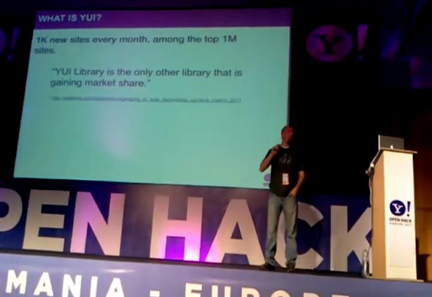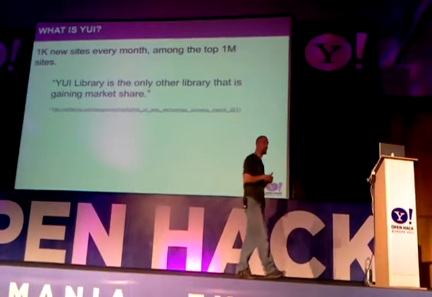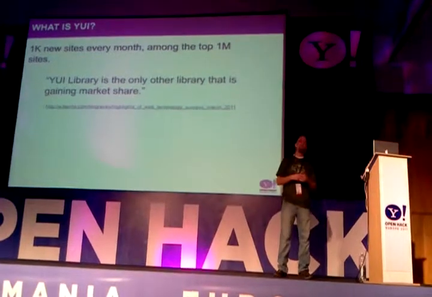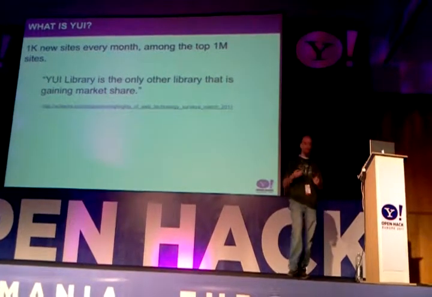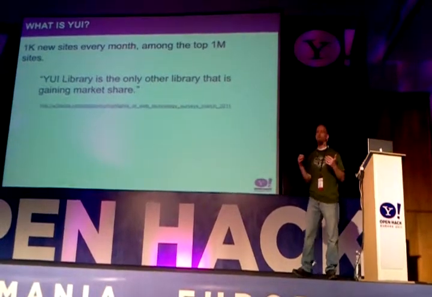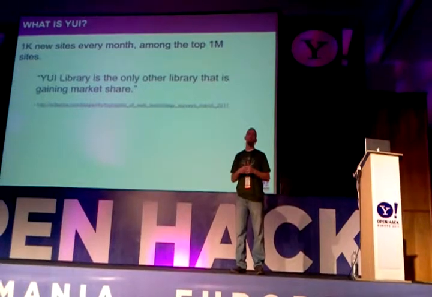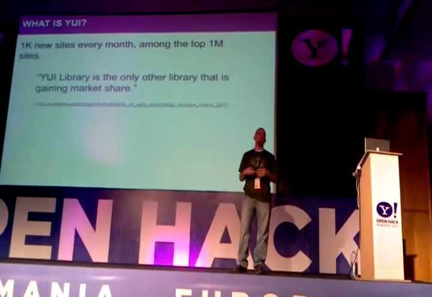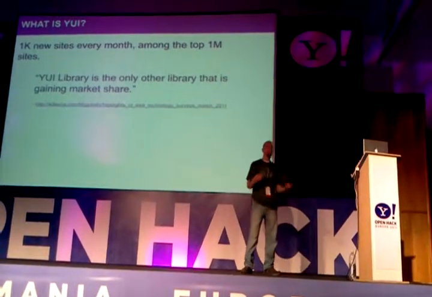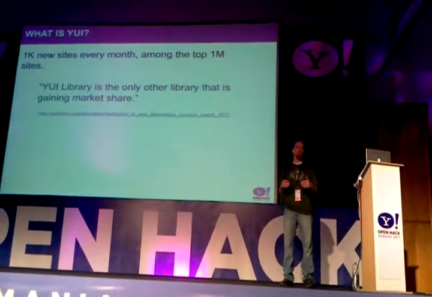Okay, so YUI is one of the few JavaScript or CSS libraries that is actually increasing in adoption across the web. That's because more people using the web are learning that there are a lot of hard problems in building stuff with front-end technology. And with some libraries out there, we've solved a lot of the infrastructure problems that are necessary.